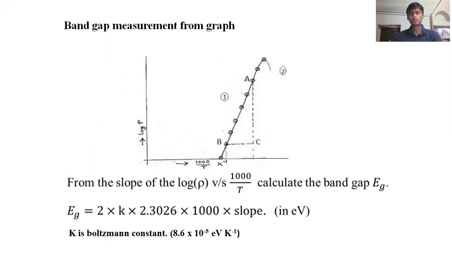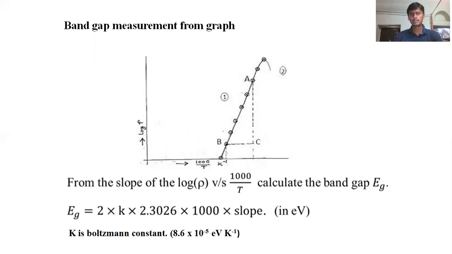Then you draw the slope from the straight line and calculate the band gap Eg of the germanium semiconductor from the graph. So Eg equal to 2 into K into 2.3026 into 1000 into slope in electron volt, where K is the Boltzmann constant, and that value is 8.6 into 10 to the power minus 5 electron volt per Kelvin.